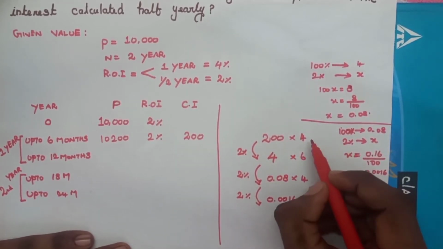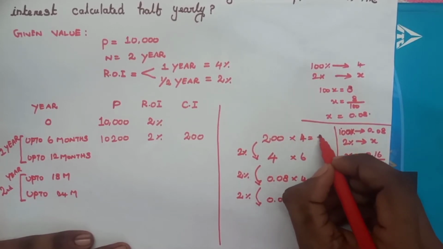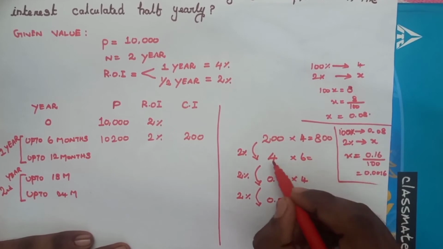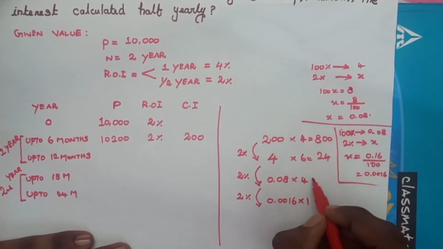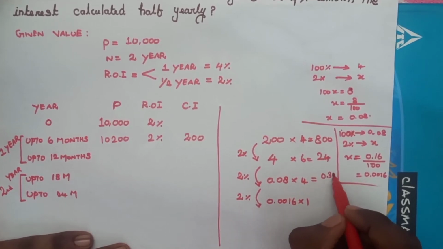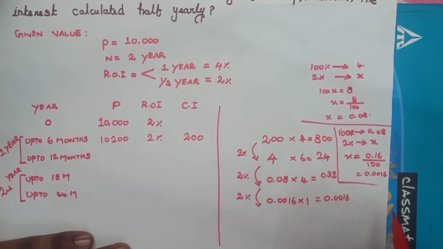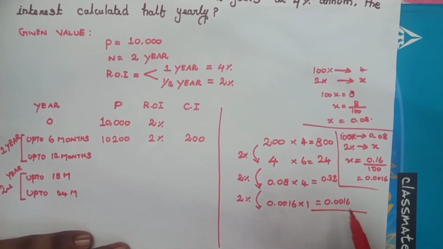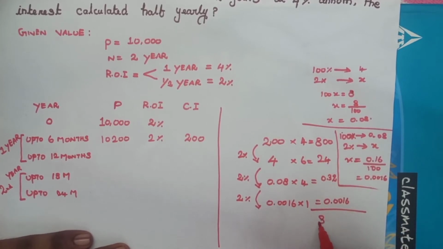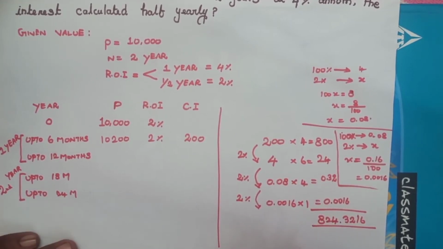So 200 into 4, 800, right? 4 2s are 24, and 0.32, and it's 0.0016. And if you adding these all the values, 800 plus 24.32, that is 824.32 remaining 16. This is your compound interest value, right?